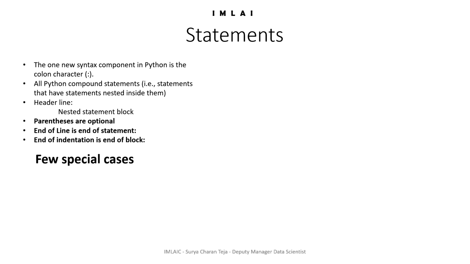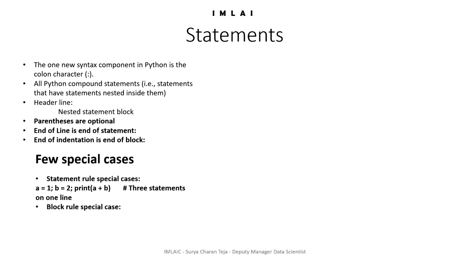However, we have a few special cases. The first one is the statement rule special case. In this case, you can write all 3 statements on one line. You can see that example clearly. The second special case is called the block rule special case.